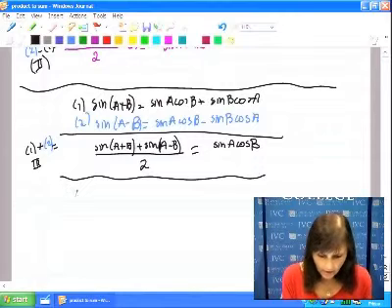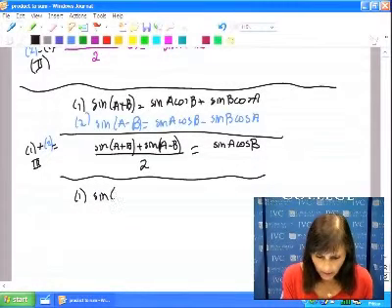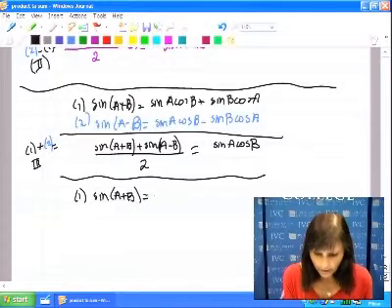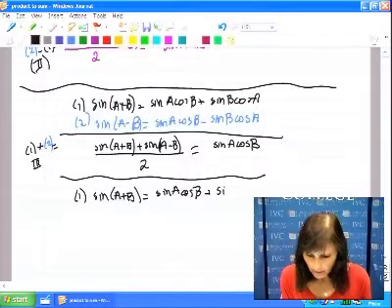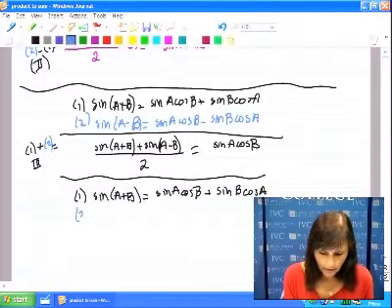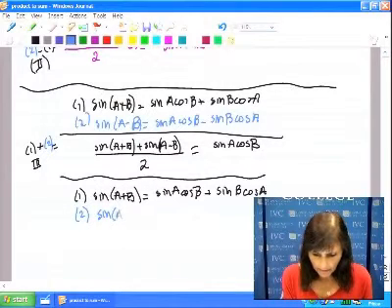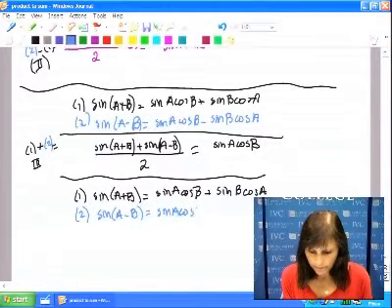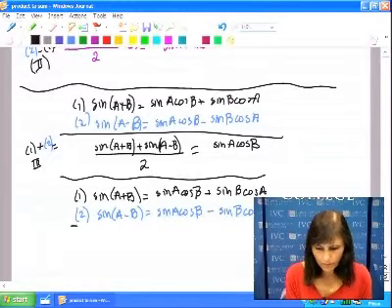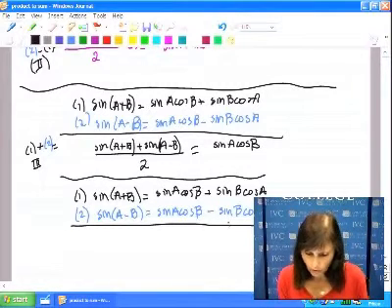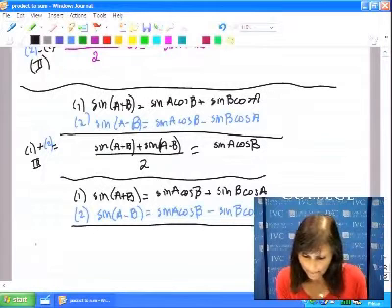Then the last one is sine A plus B, and remember what that was, sine. And I'm writing the second one again, sine, this time with the minus. This time what I'm going to do is go 1 minus 2.